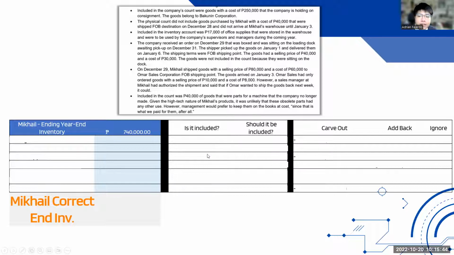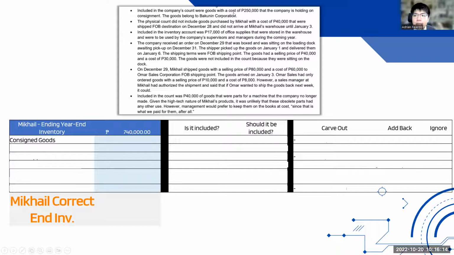You just ask yourself, from the point of view of the accountant, did they include the goods? Yes or no? Then you step back and ask yourself, should it have been included? Yes or no. Dependent on these two outcomes, you either carve out or you add back, right? With this, I'll quickly go through the McHale ending inventory again.